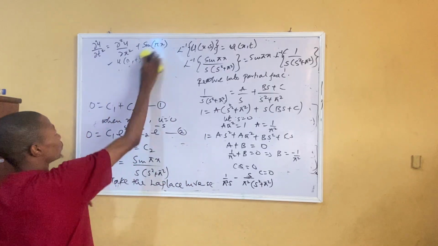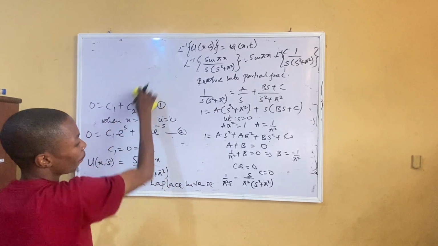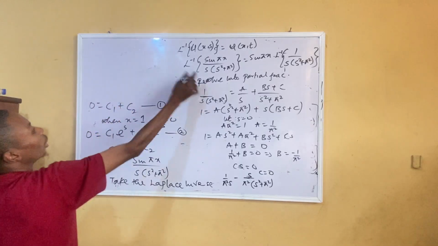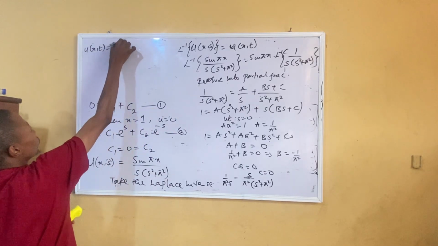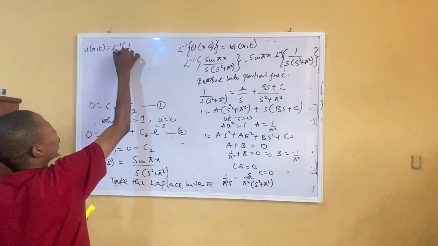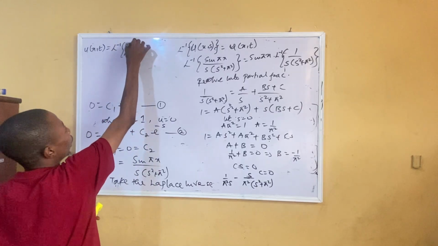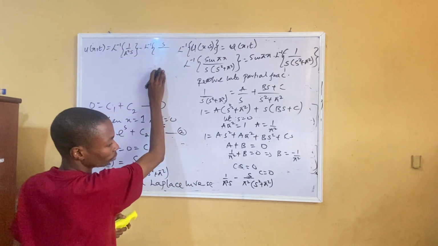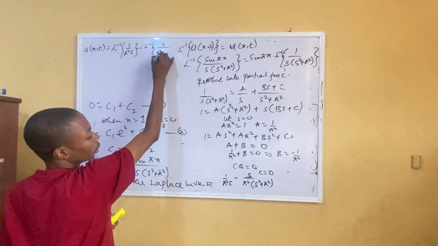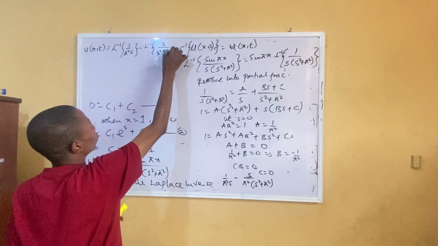So our solution u of time and space is equal to the Laplace inverse of 1 over pi squared s minus the Laplace inverse of s over pi squared into s squared plus pi squared.